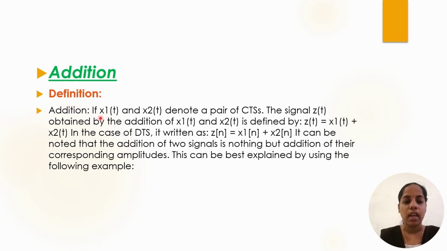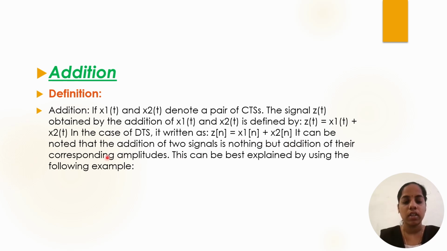In the case of DTS, it is written as z of n equal to x1 of n plus x2 of n. This is for discrete signals.